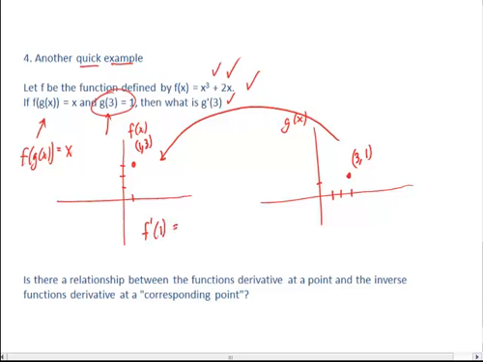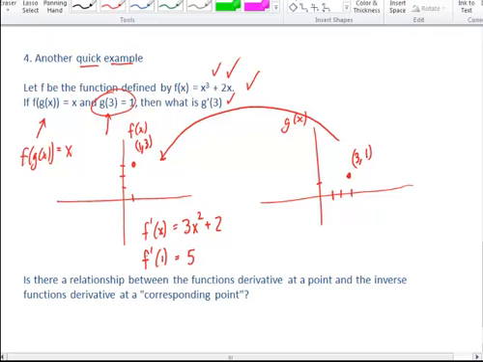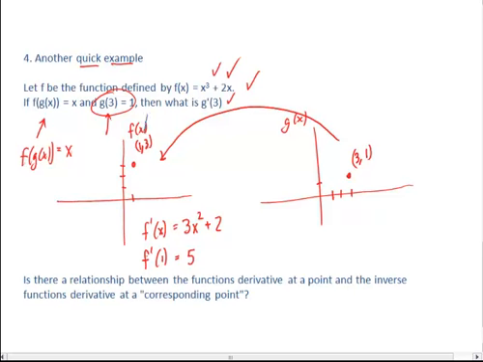Well, the derivative function would be, using the power rule, 3x squared plus 2. I would plug in the 1 value, and that would give me a value of 5. And now when I go back to this point, since the slope here would be 5, I'll just draw something that resembles a slope of 5.